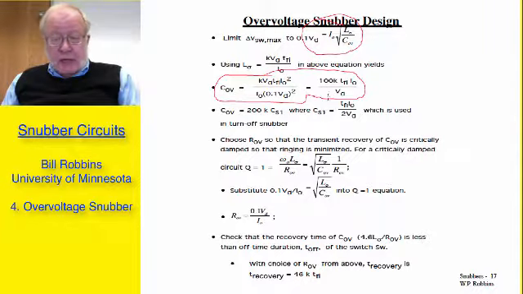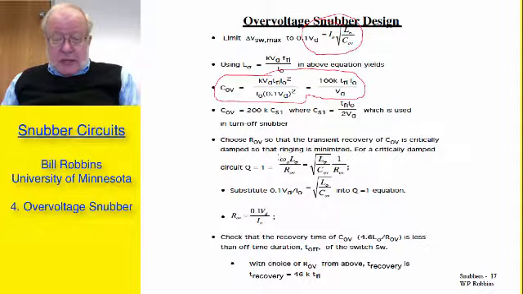The only reason for writing it this way is to point out to you just how much larger the overvoltage capacitor value has to be compared to the turn-off snubber. We would choose the overvoltage resistance so that the transient recovery is critically damped so that we don't get any ringing in that time interval after the inductor current goes to 0.